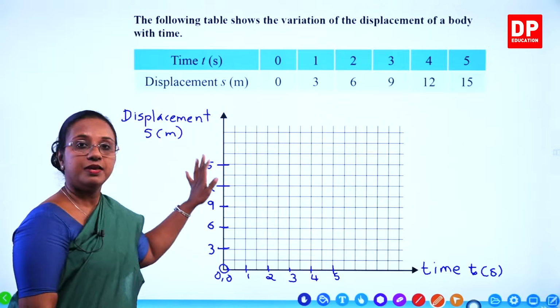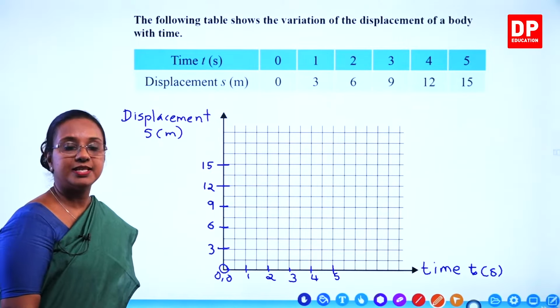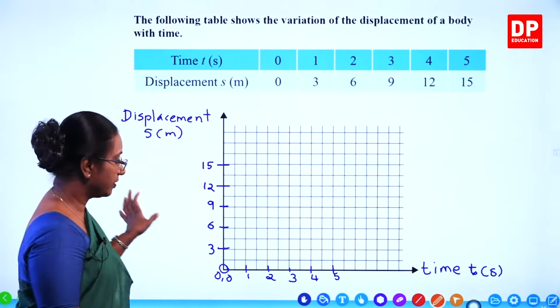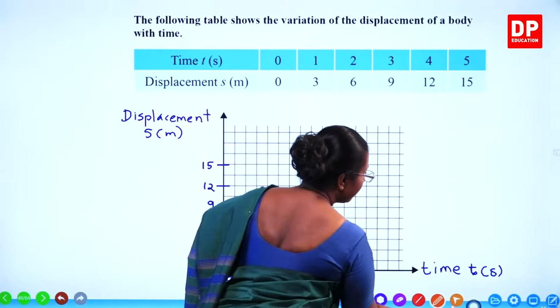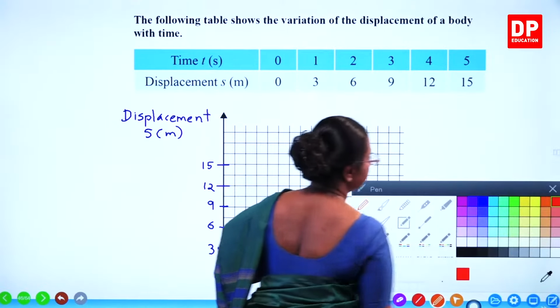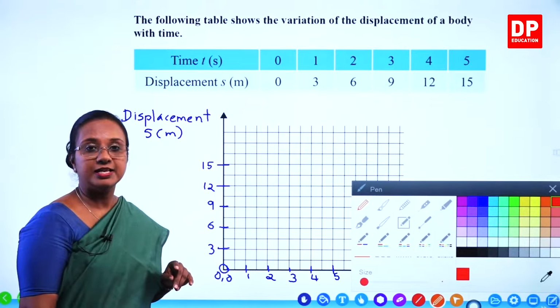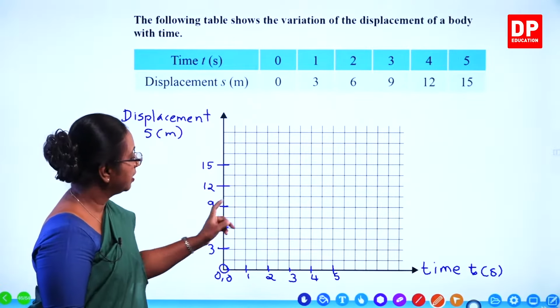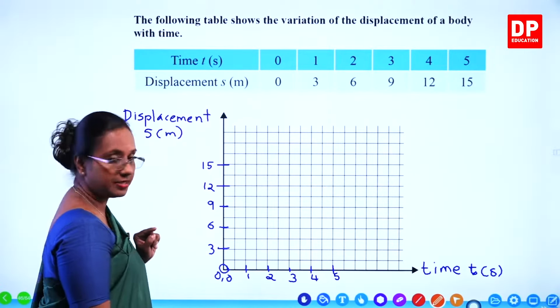So now we have marked all the points that are necessary to draw the plots. Then we mark the points or the coordinates of this graph, time versus displacement.